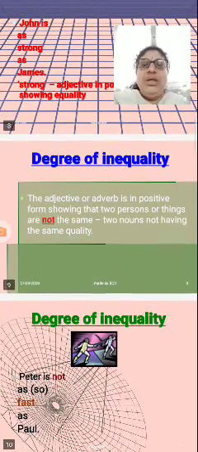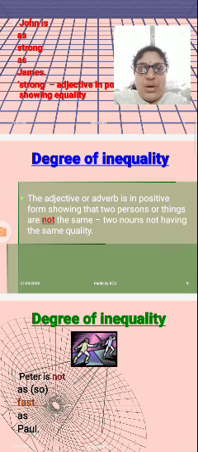Next one, degree of inequality. So what is the degree of inequality? The adjective or adverb is in positive form, showing that two persons or two things are not the same. Are you understanding?